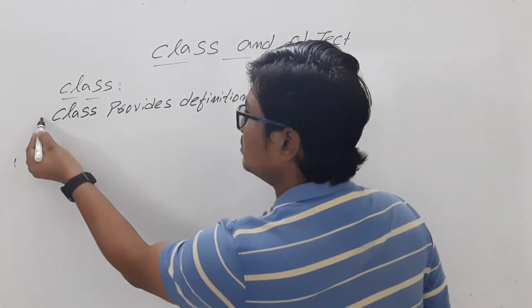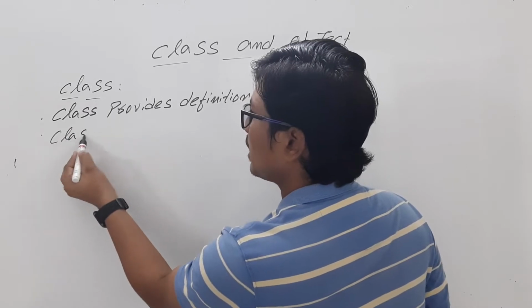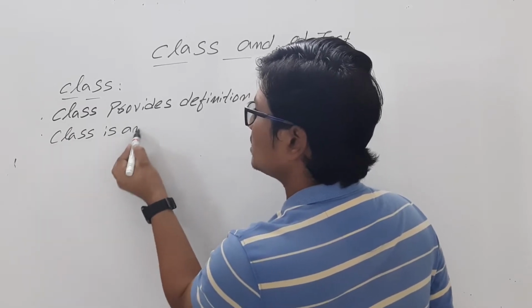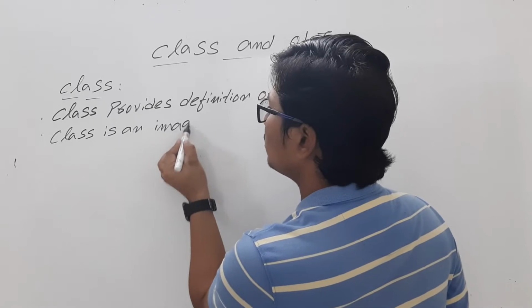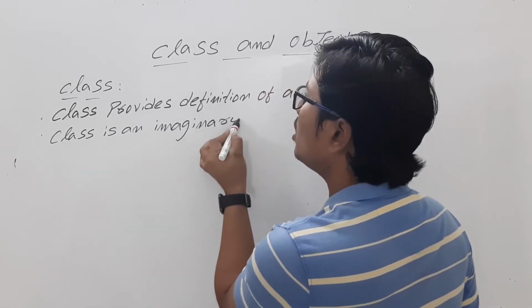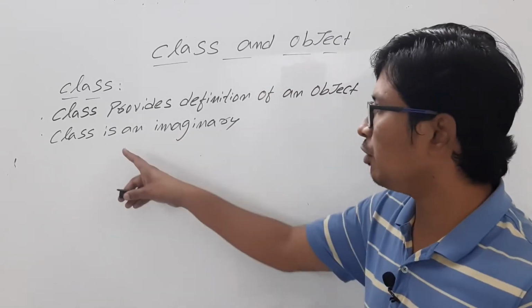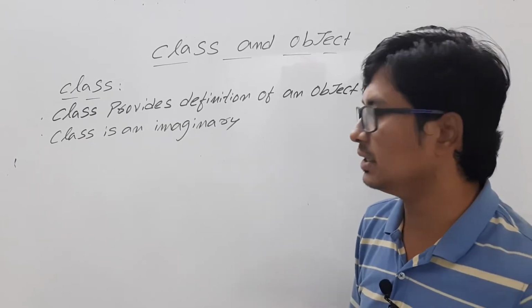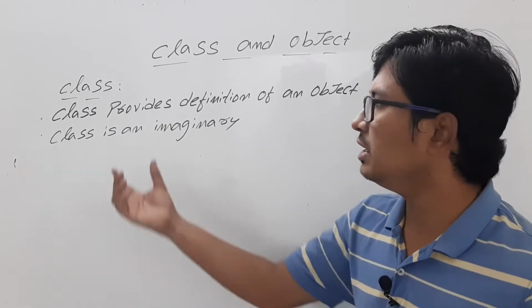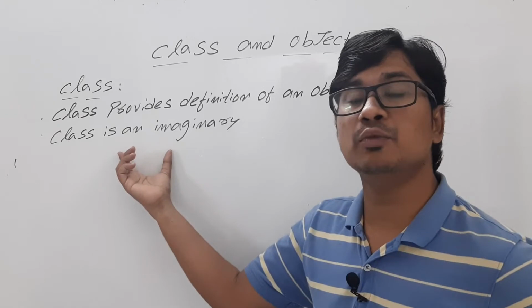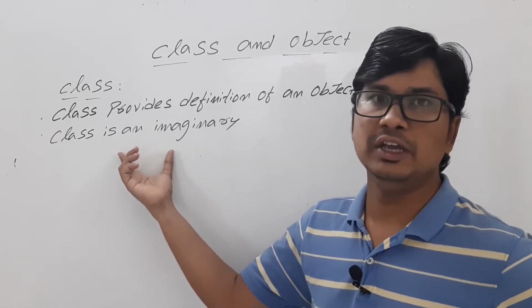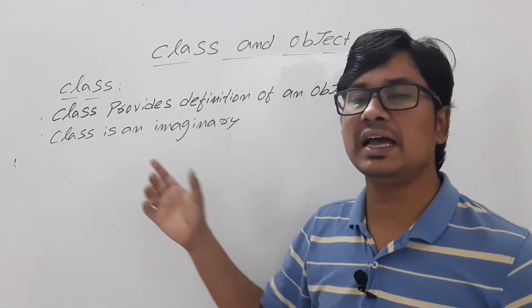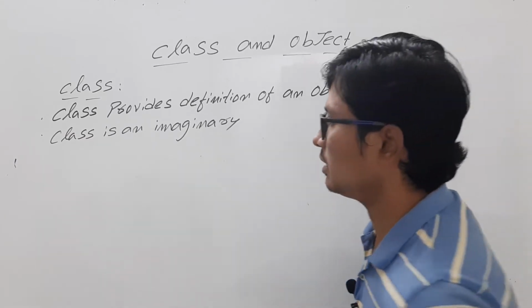And class is imaginary, meaning that once you define a class, memory will not be allocated. That is one important point you should remember. Maybe they can ask you in an interview, will the memory be allocated once you define a class? No. If you create an object for the class, for that object memory will be allocated.